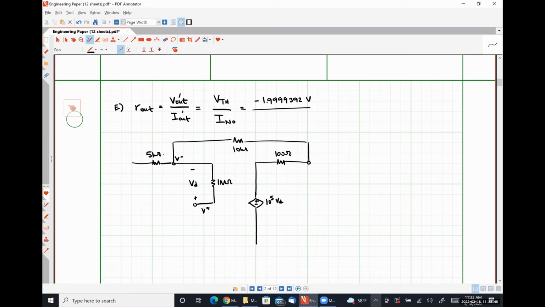The change that I am going to make is my 1 volt source. So this is our original circuit. I am now simply going to short the output terminals and measure that short circuit or Norton current. Okay.